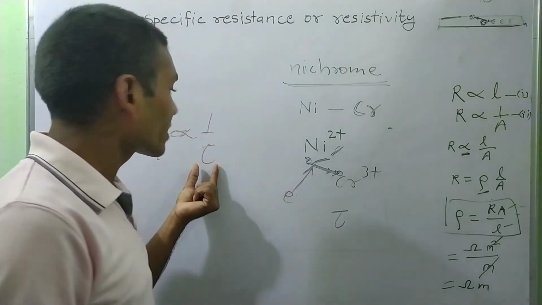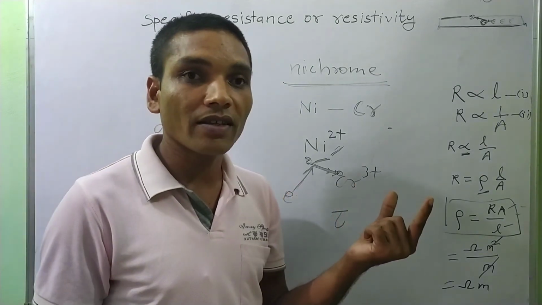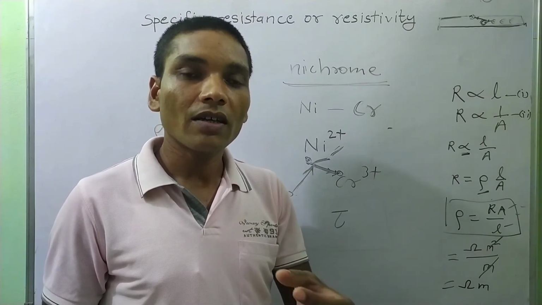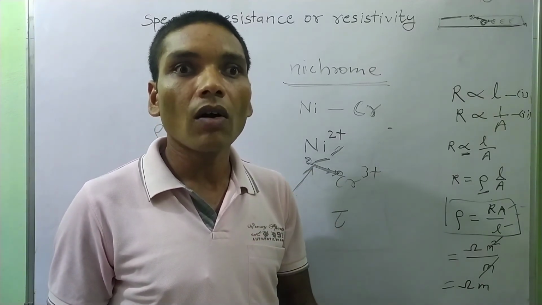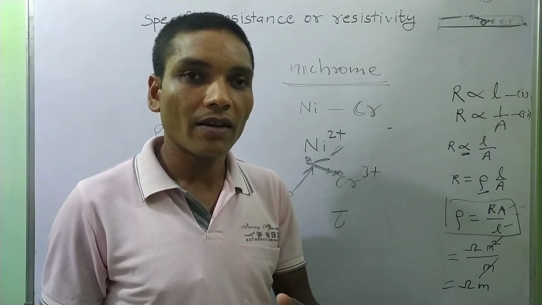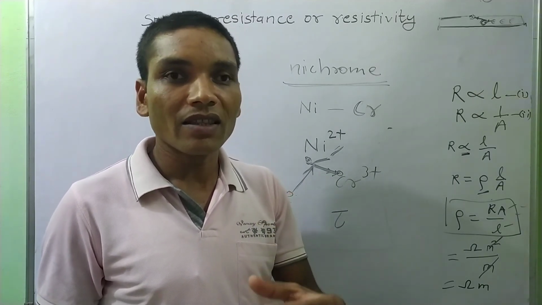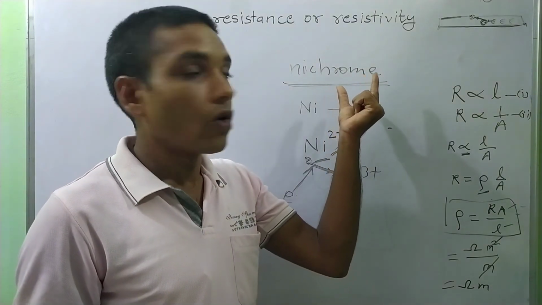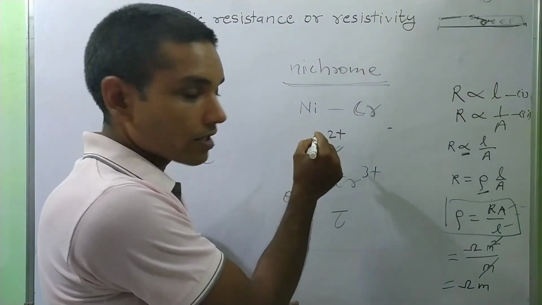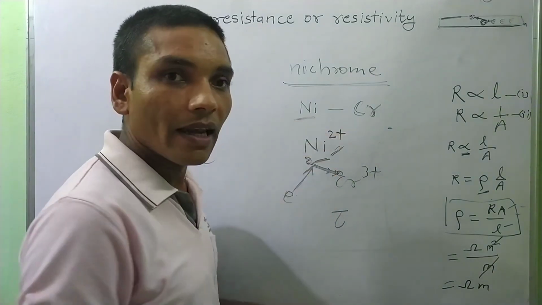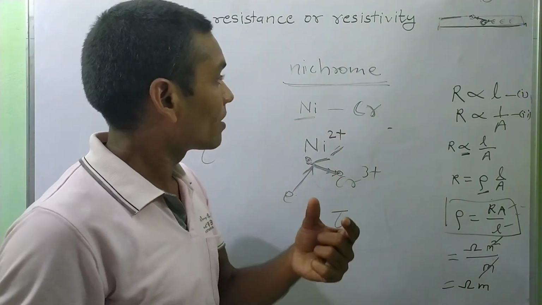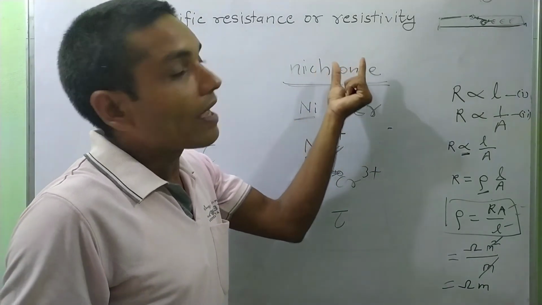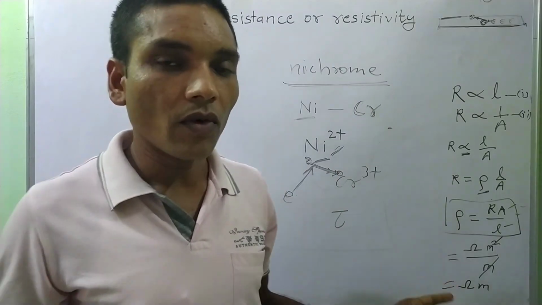That's why the resistivity, or the specific resistance, of the pure metal is less than that of the alloy. So the resistivity of the nickel conductor will be less than the resistivity of nichrome. Okay, thank you.